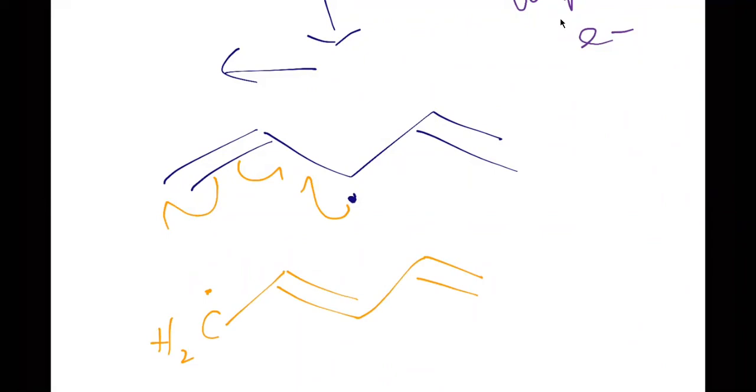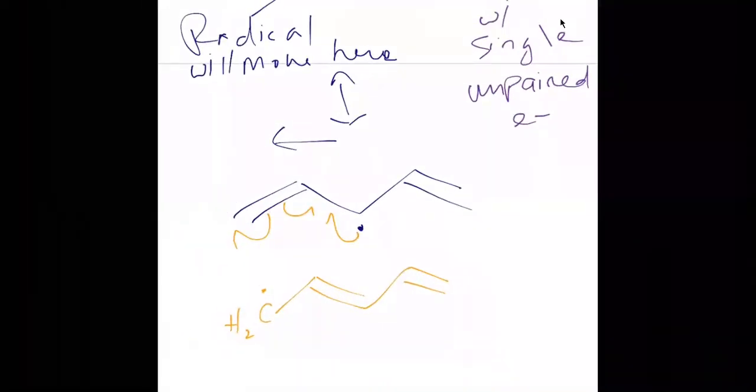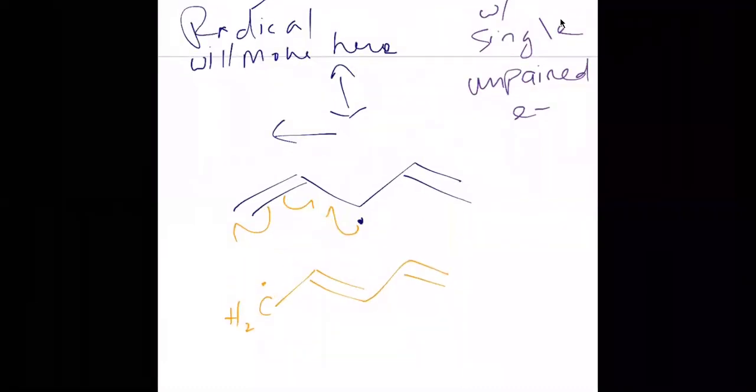Okay, makes sense. Let me say this too real quick before we stop, because we're going to have to stop in a minute. I want you to understand something. When we're talking about these electrons moving, they don't just float around in space, right? Every one of these carbons has a p orbital on it.